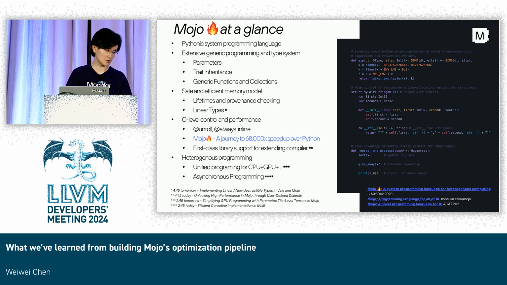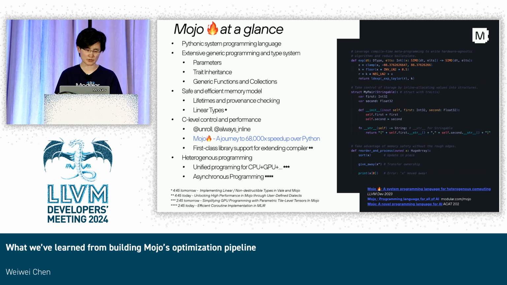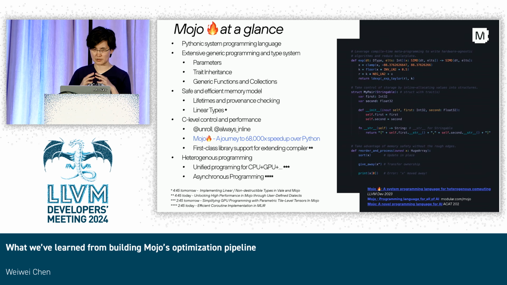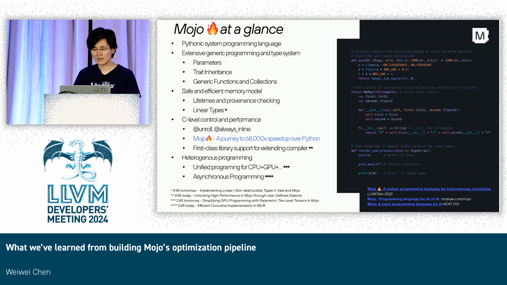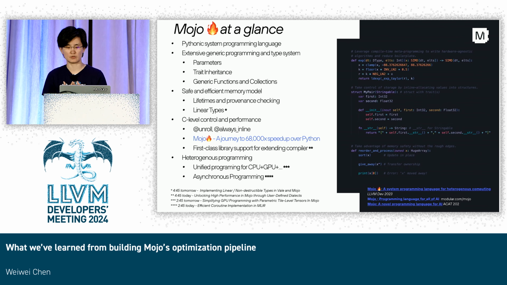Just a quick look at Mojo. Mojo is a new Pythonic system programming language that was first announced early last year and is still very actively under development at Modular. If you take a look at the right side of the slide, it has this Pythonic aesthetic and a lot of Python compatible features.